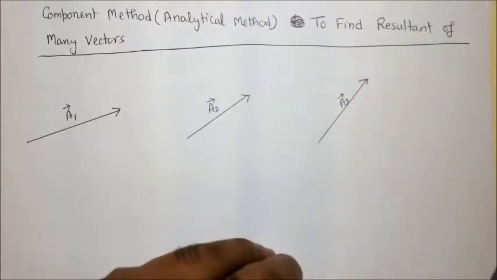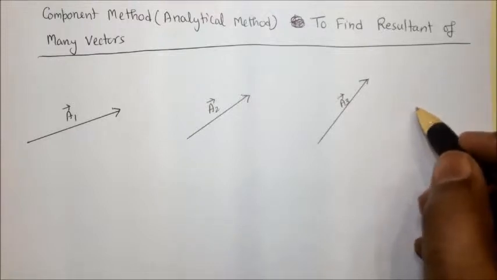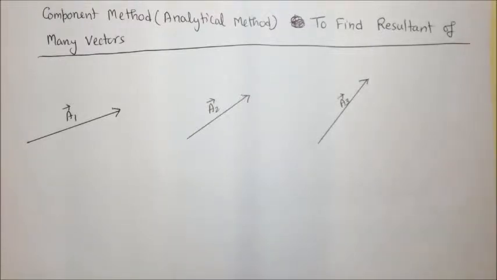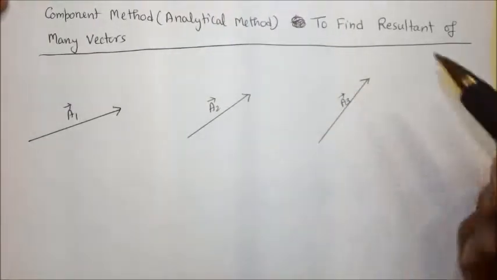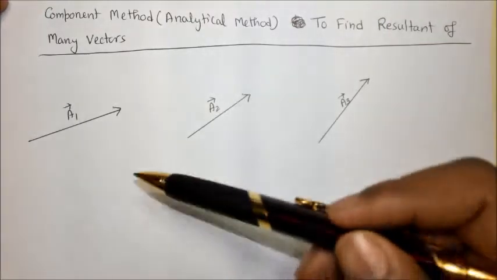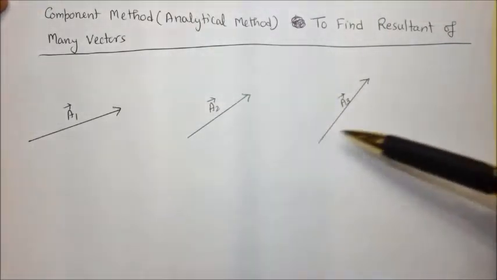Okay, and there could be many more, a4, a5, with random directions. So we are going to use the component method to find the resultant of all these vectors.